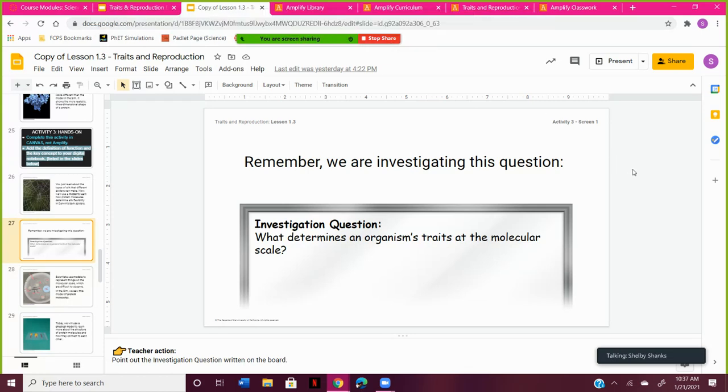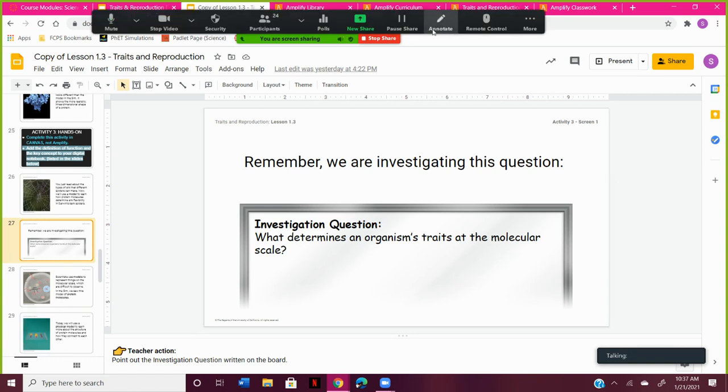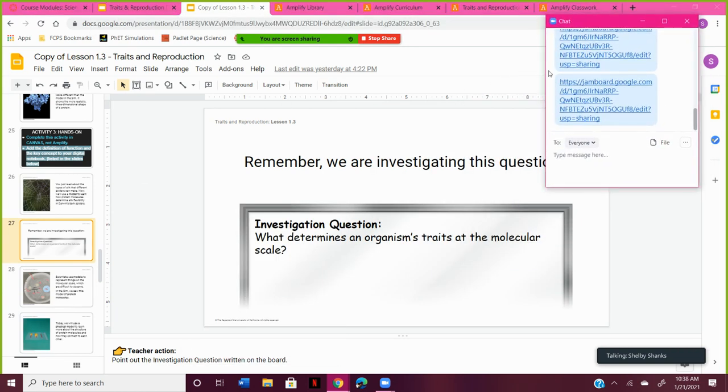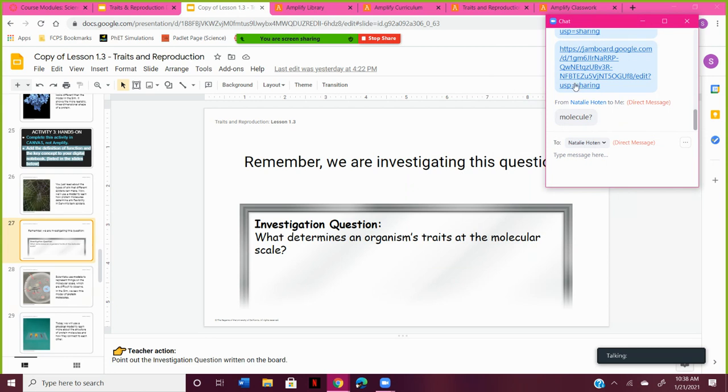Somebody tell me what you think about when we talk about molecular or molecular scale. Y'all can put it in the chat. So what am I talking about when I say molecular or molecular scale? Okay, Natalie said molecule. So those are two close things, but what do those two things have in common? So at a molecular scale, what could that possibly mean?